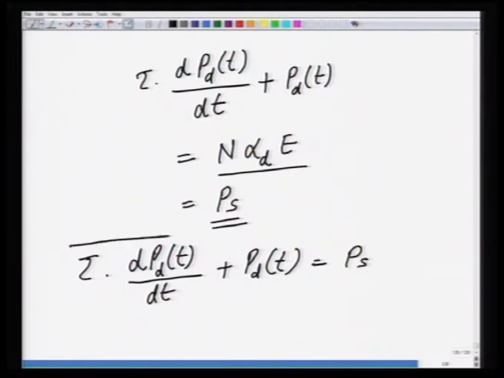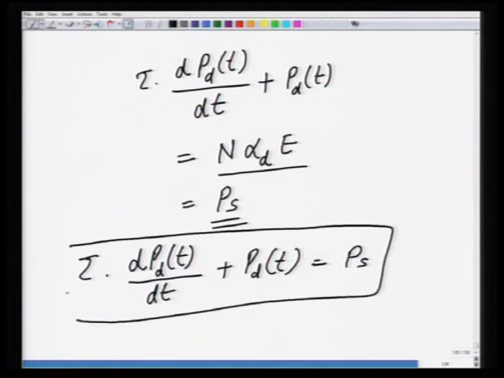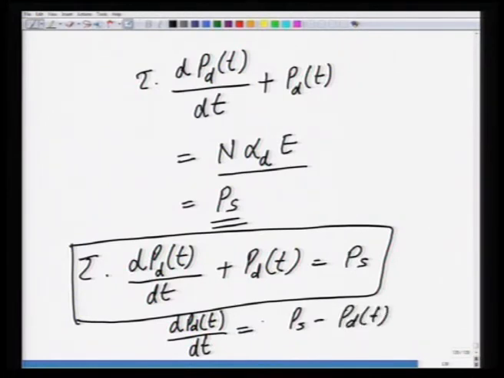And if you remember, this is what we showed earlier. In the previous form, dPd(t)/dt is equal to Ps minus Pd(t) into 1 over tau.